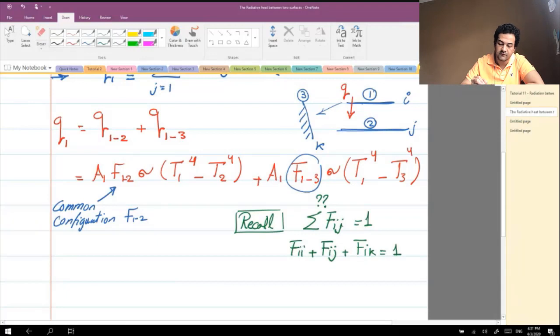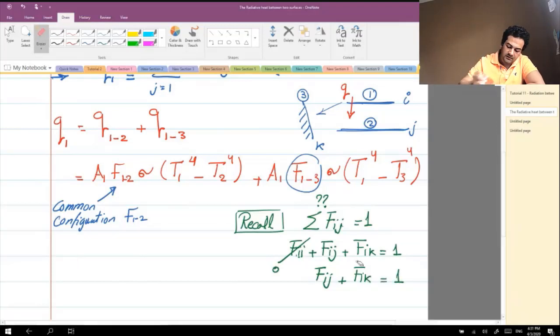F_ii, as I told you, is for a flat plate. It's impossible that the radiation emitted by the surface returns back to the same surface, so it's going to be 0. We're left with F_ij plus F_ik equal to 1. Let me write it in 1 and 2 because I wrote everything here in 1 and 2.